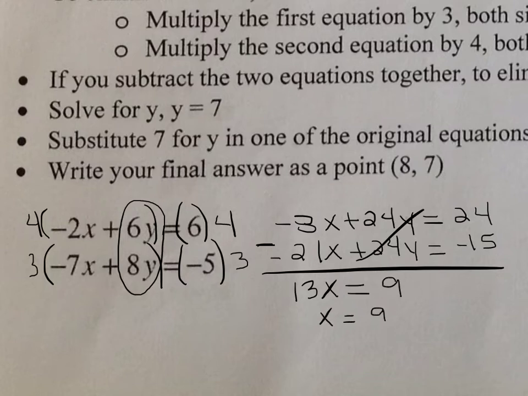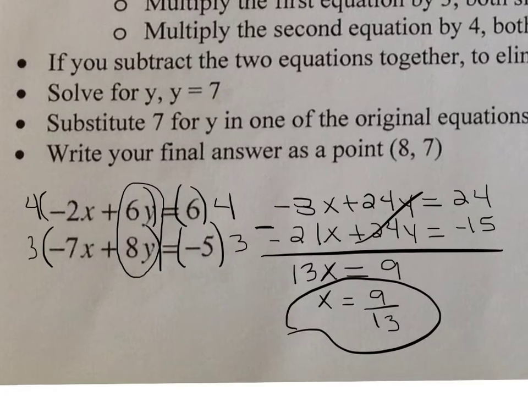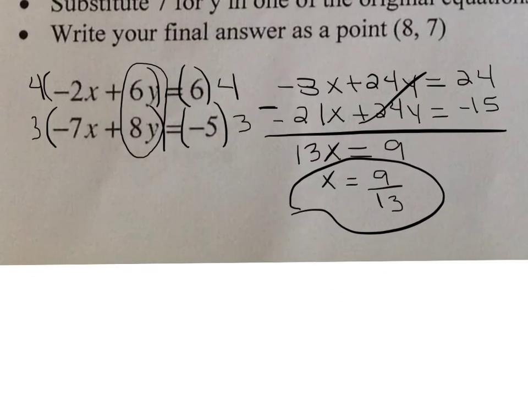X equals 9 over 13. Now, you plug in your x value here back into one of the originals before you multiplied. And when you do that, you'll see that y will equal 11/13.